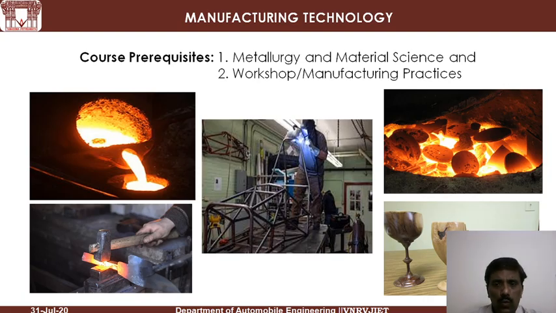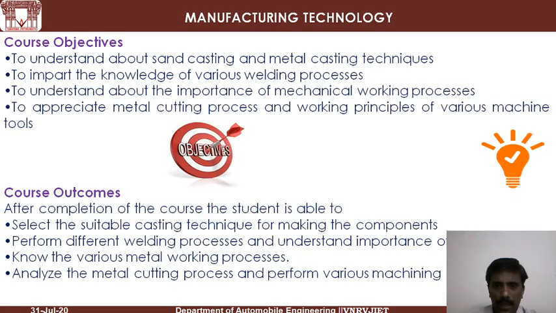So these two courses are the prerequisites to understand manufacturing technology. The simple definition for manufacturing technology is conversion of raw material into desired shape. Desired shape is called manufacturing technology.